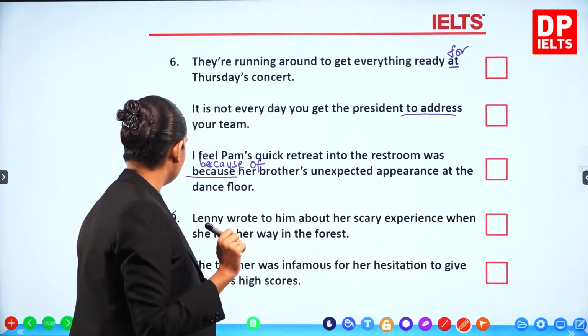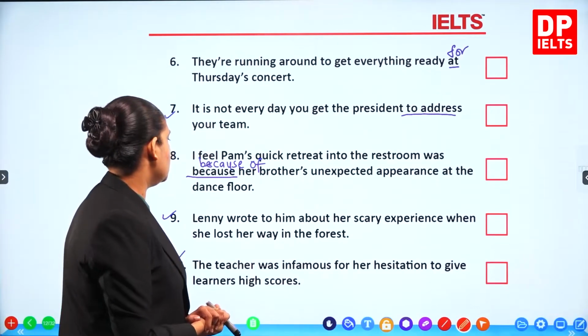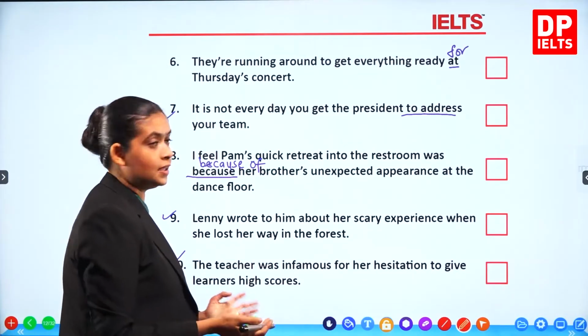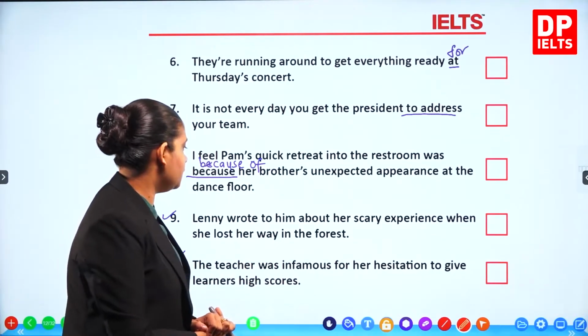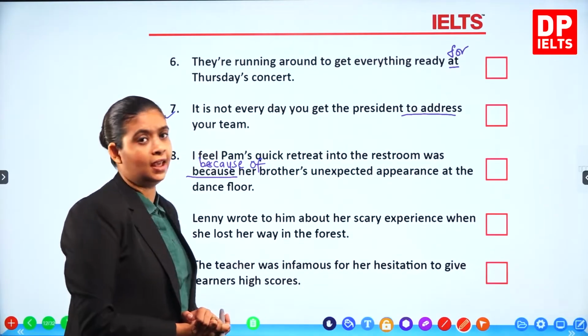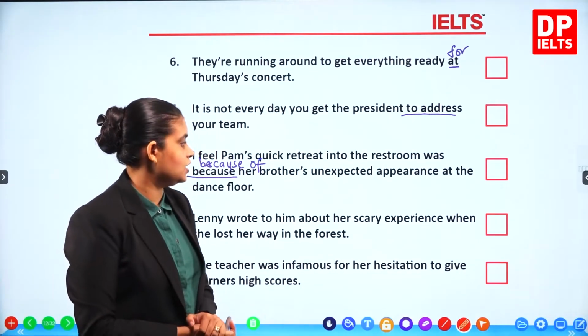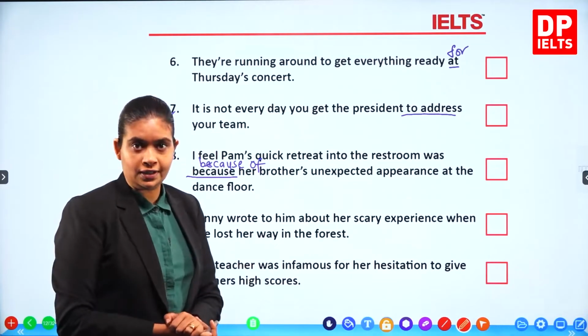Okay. Lenny wrote to him about her scary experience when she lost her way in the forest. I think that's fine. You wrote to him, that's fine. The teacher was infamous for her hesitation to give learners high scores. Again, that's perfectly fine. So I think 9 and 10 are correct as well.